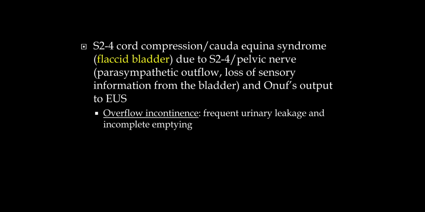Now, if we have a lower motor neuron lesion like of the cauda equina, or if we have compression of the sacral spinal cord, now we get a flaccid bladder because we're losing that parasympathetic outflow and also some of the sensory information coming from the bladder as it fills. And this is called an overflow incontinence, and patients have urinary leakage and also can't empty their bladder completely.